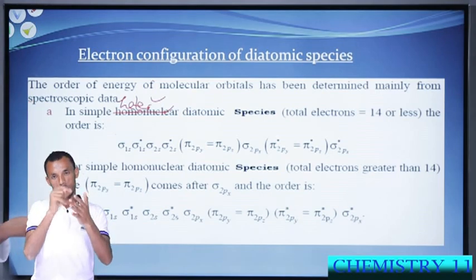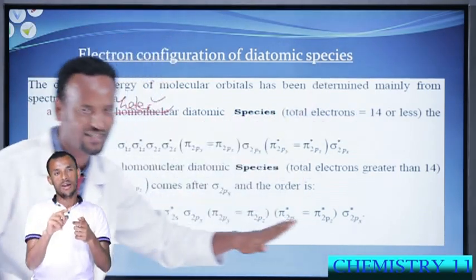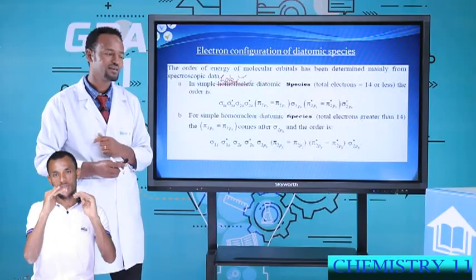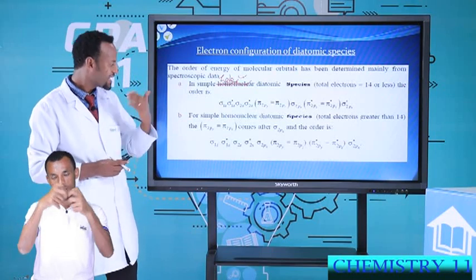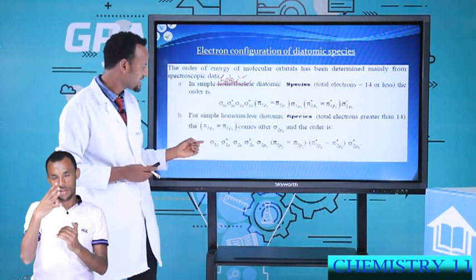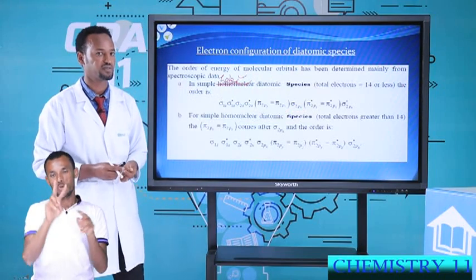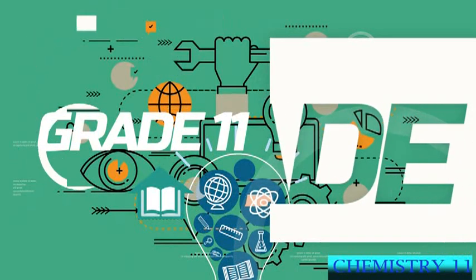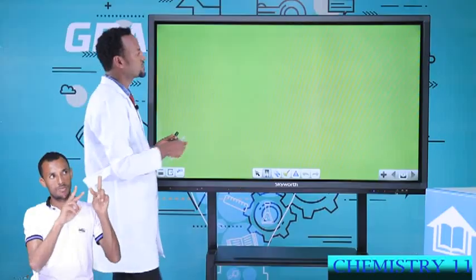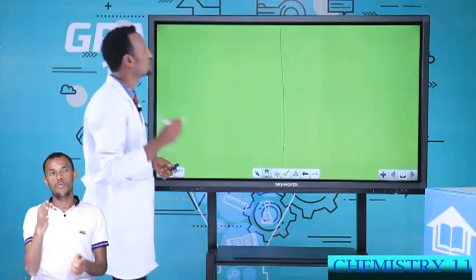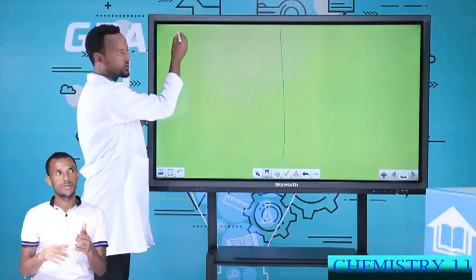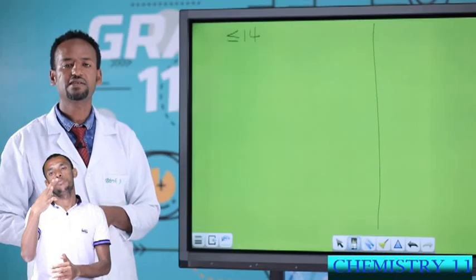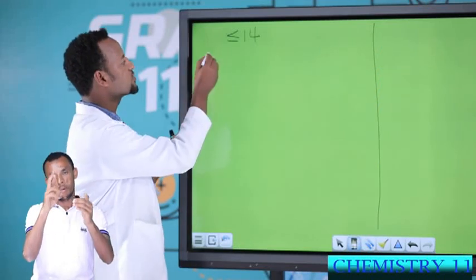If the total number of electrons is 40 or less, use this order. If the total number of electrons is greater than 40, the order is a different one. There are two types of order. One is the total number of electrons less than or equal to 40.